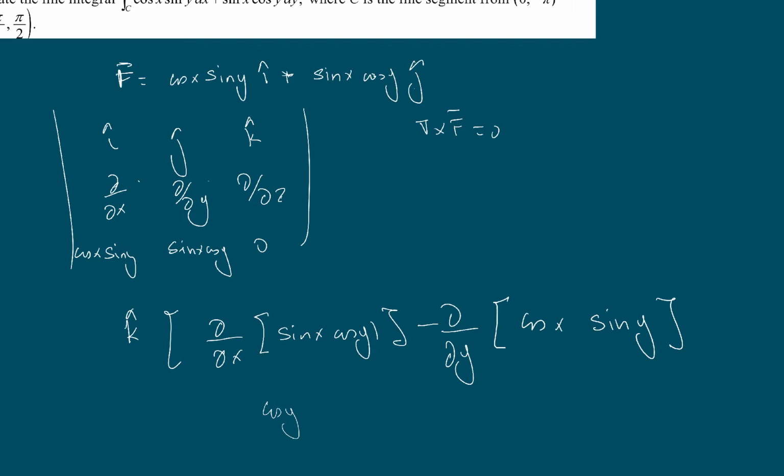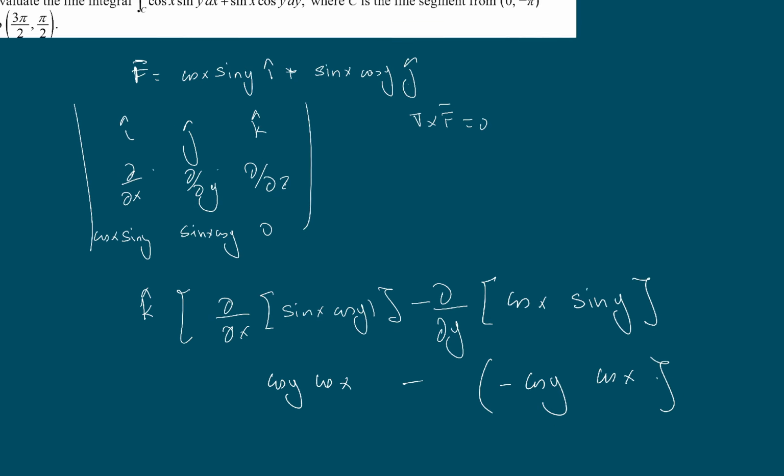The derivative of sine of x is cosine of x, perfect, minus the partial derivative with respect to y of sine of y is minus cosine of y times cosine of x. Minus minus is plus, so this is not conservative.